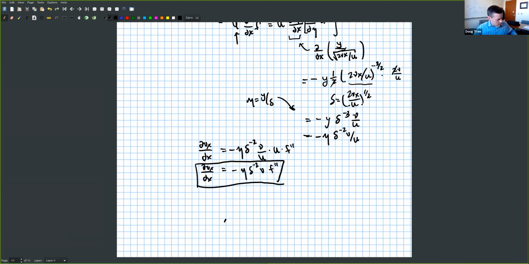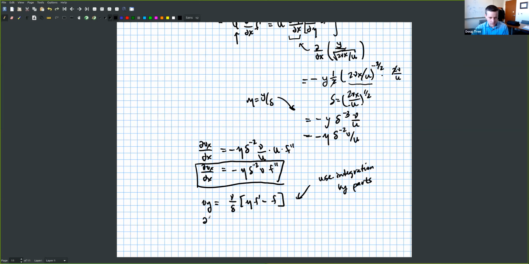Okay, and then the other ones that we've got, we have vy is going to equal nu over delta multiplied by eta f prime minus f. Okay, this one, if you want to work it out, you need to use integration by parts. So that one is a little bit of a pain to do.